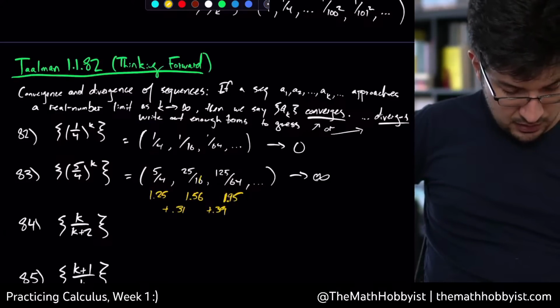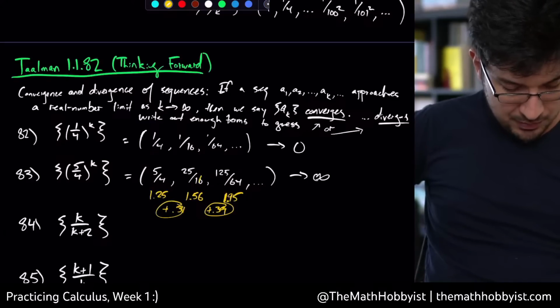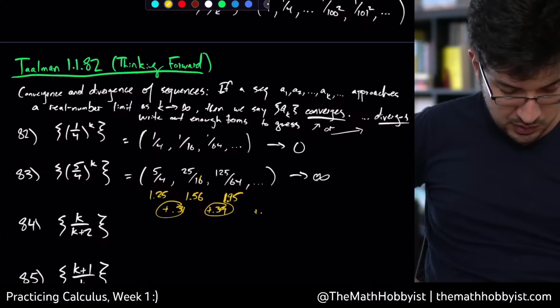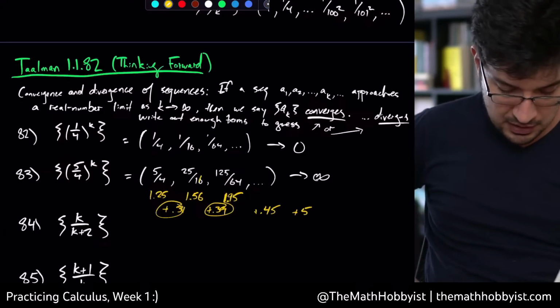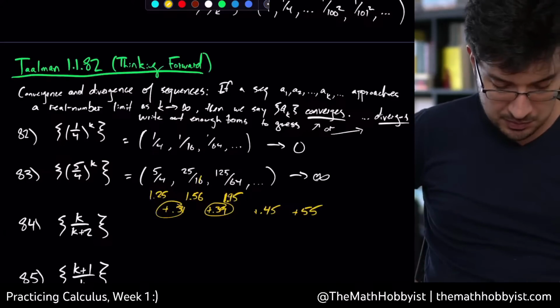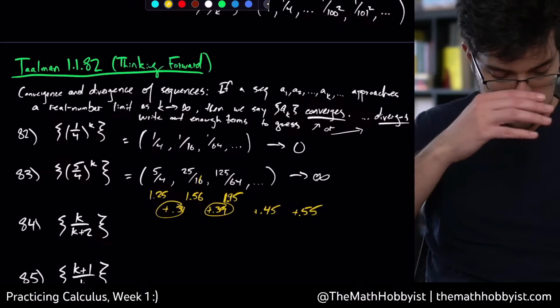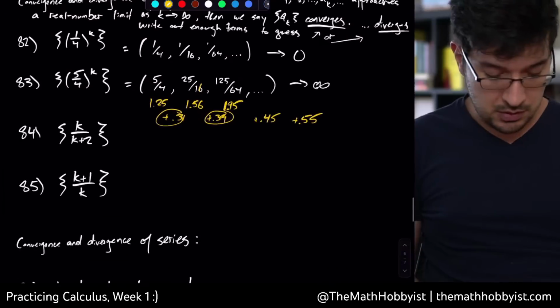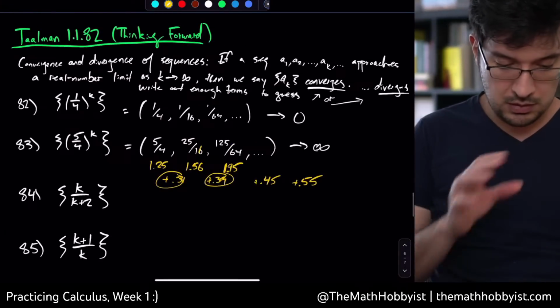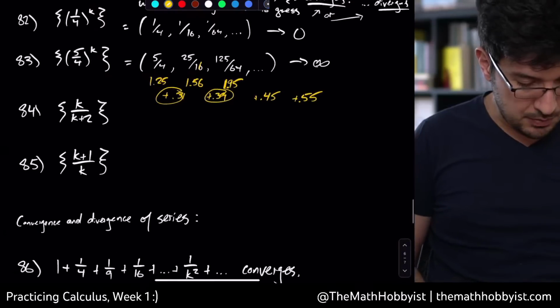So the fact that this next term grew even more than the prior term, I bet that this next one is going to grow by something like 0.45, and then 0.5, maybe 0.55, which means that each time it's growing even bigger than before. This is not going to approach any limit number.